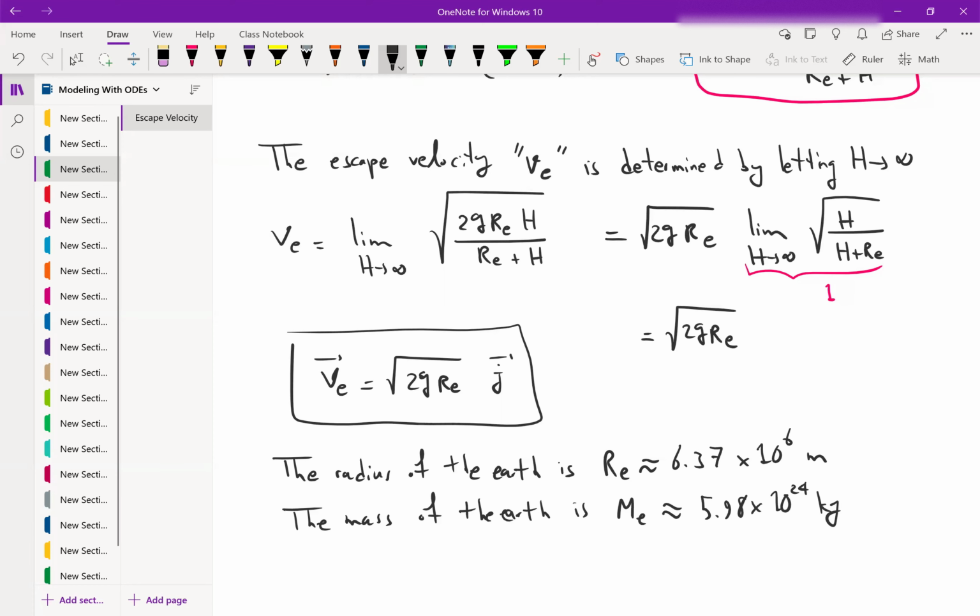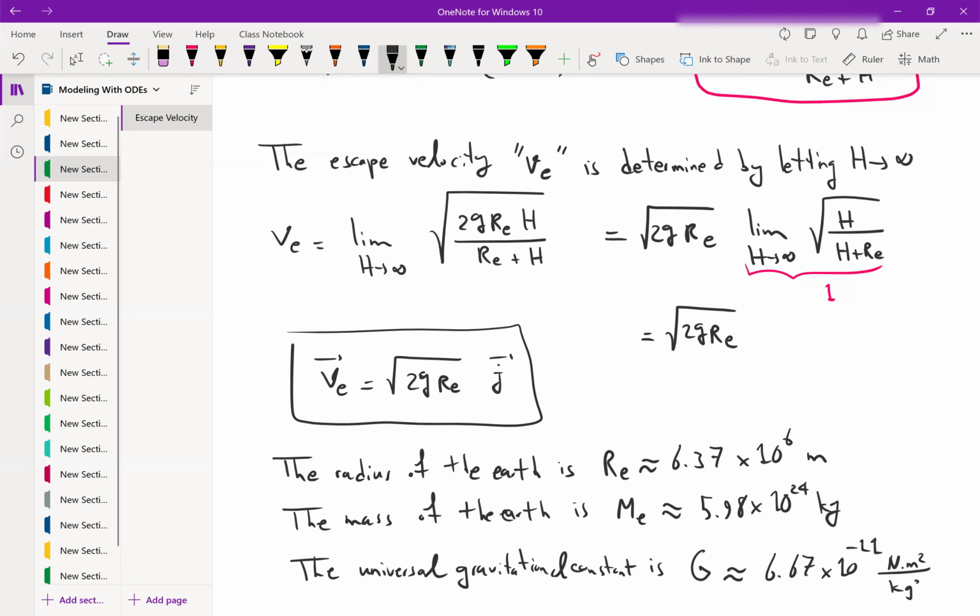And the universal gravitational constant, big G, these are the constants that we saw during our solution. G is approximately equal to 6.67 times 10 to the power of negative 11 newton meters squared over kilograms squared.